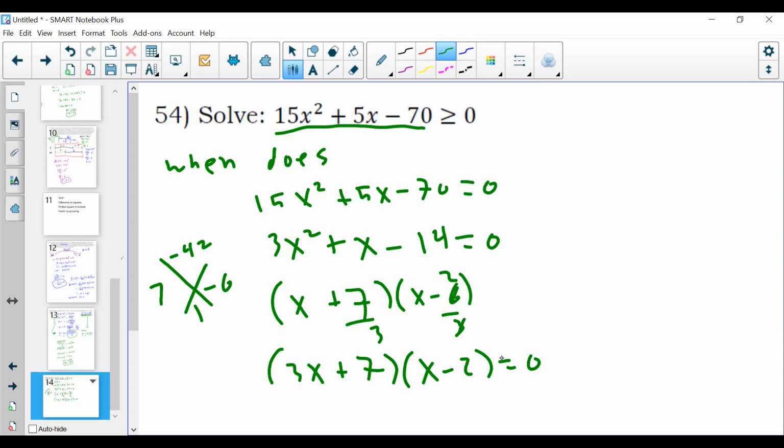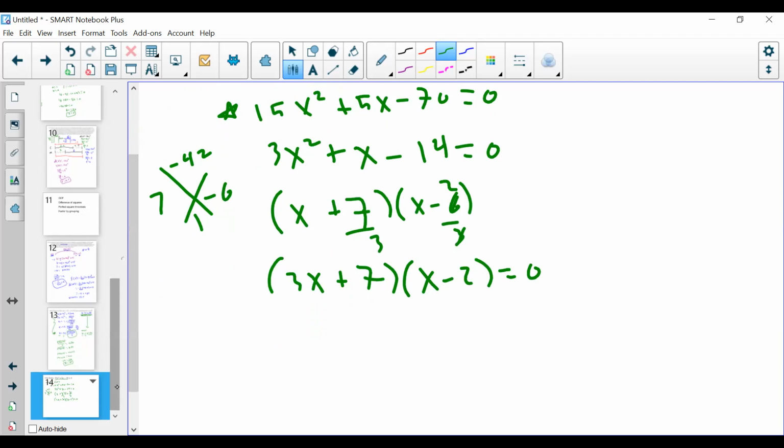I factored it out, which is a little easier for me. So I set these equal to 0, and I get that x will equal negative 7 over 3, or x equals 2. Those are my x values that make this quadratic equal to 0.